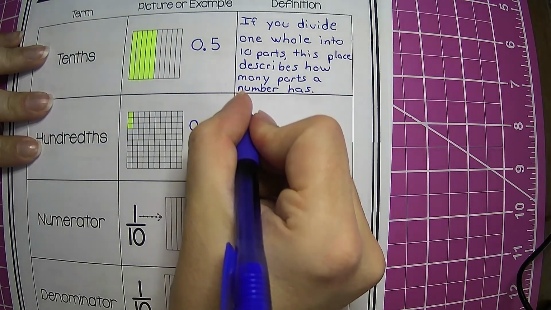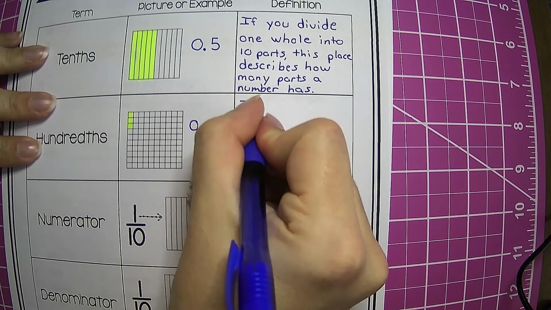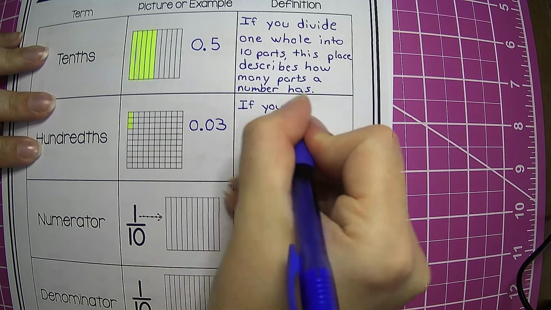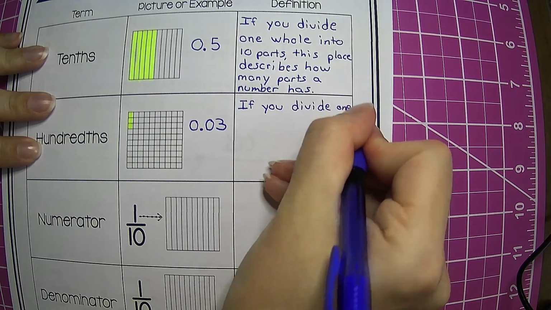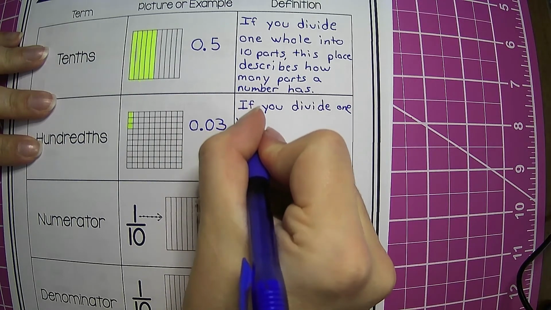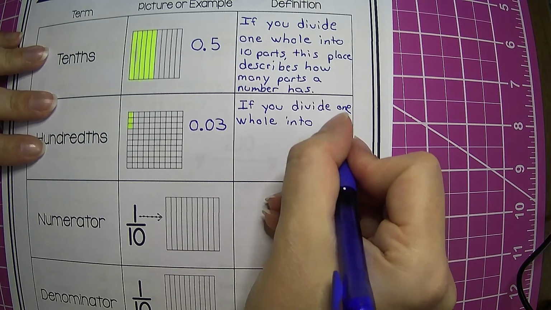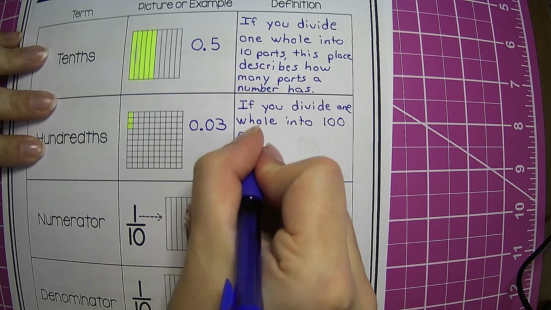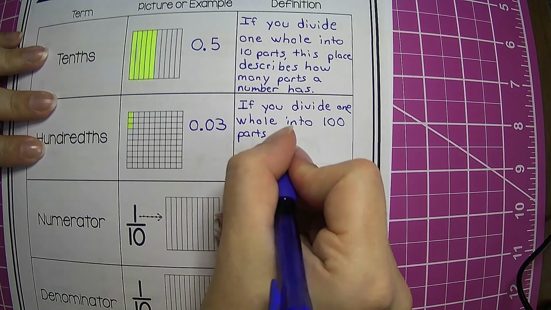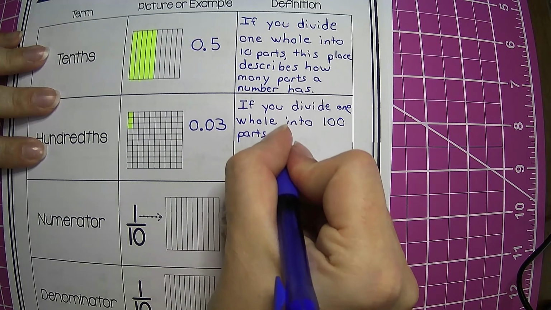So for my definition, if you divide one whole into 100 parts, this place describes how many parts a number has.